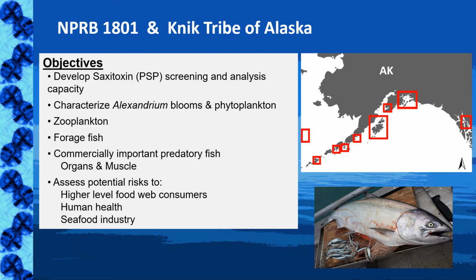Particularly, we're concerned with the organs and muscle of those predatory fish. The reason that we're examining the organisms throughout the food web is to look at the risks to higher level food web consumers such as salmon, as well as human health and concerns for the seafood industry in Alaska.